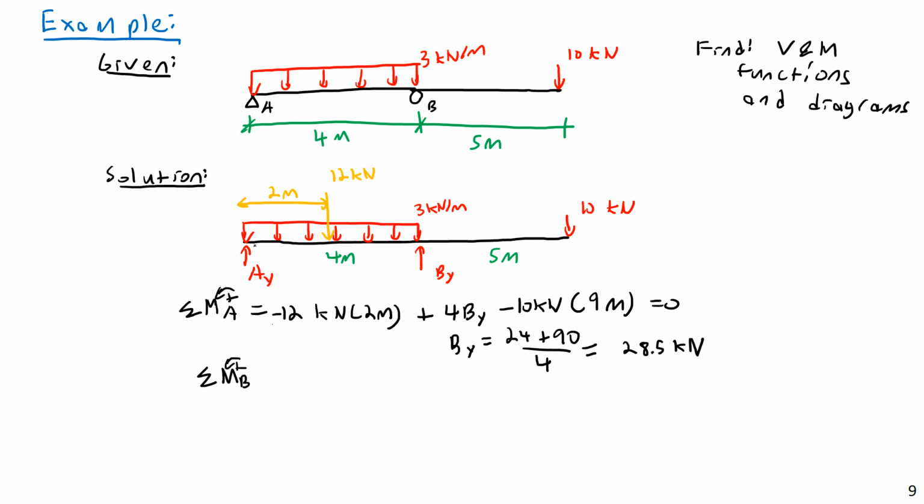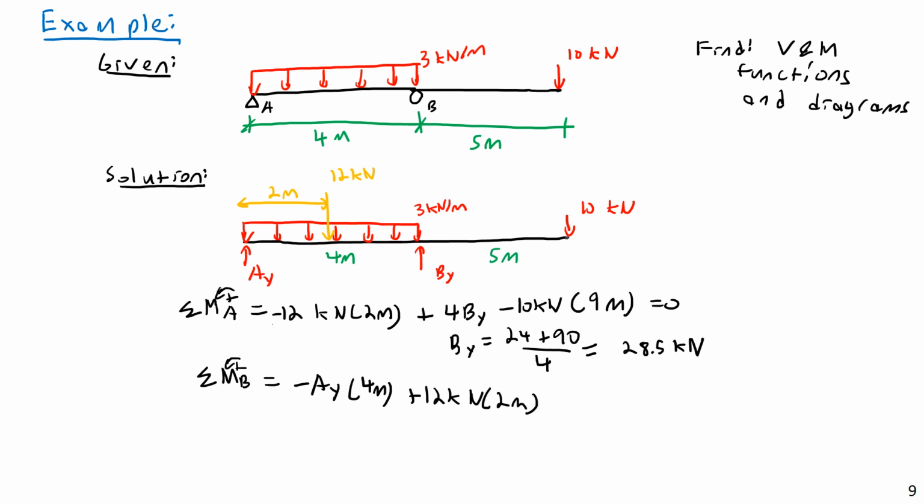Next, I'm going to do a summation of moments about point B, and that I'm going to use to get AY. I'll have the negative moment caused by AY, negative AY times a moment arm length of 4 meters. Now my 12 kilonewton equivalent point load will be generating a positive moment about point B, so plus 12 kilonewtons times a moment arm length of 2 meters.